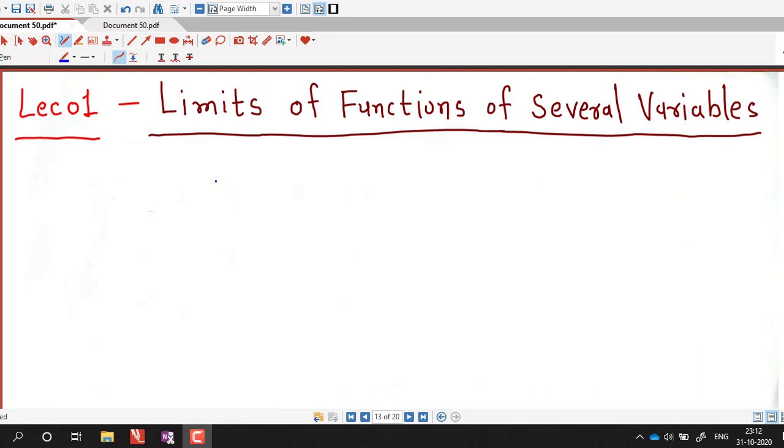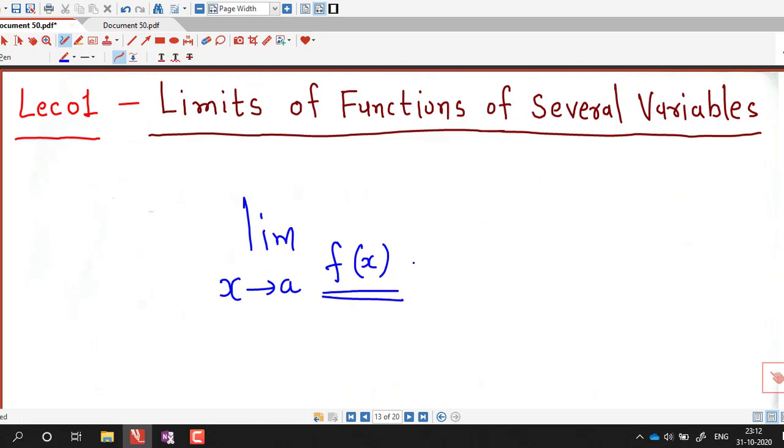You have studied limits of functions of one variable in your school. You have seen this type of limits at school level, and now we are going to extend these limits to functions of more than one variable.